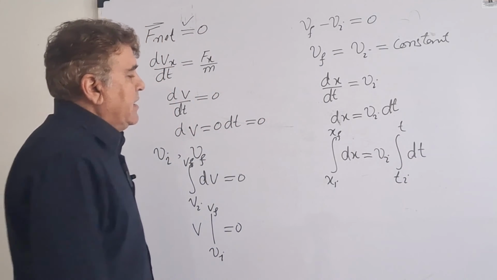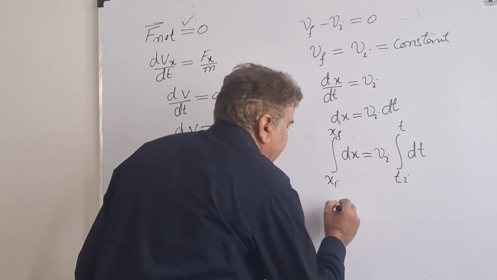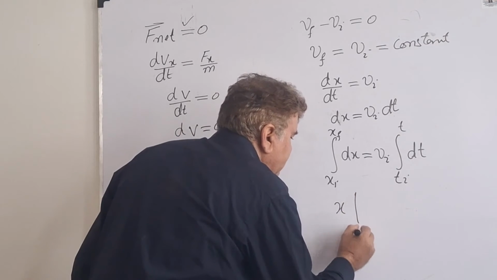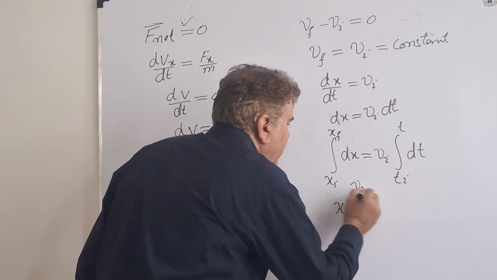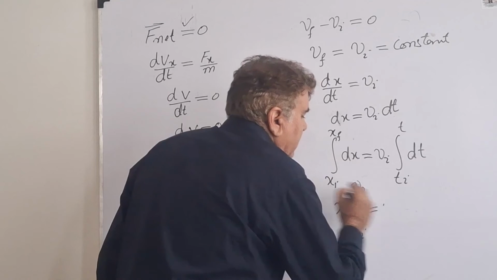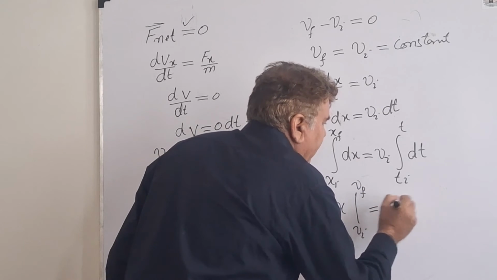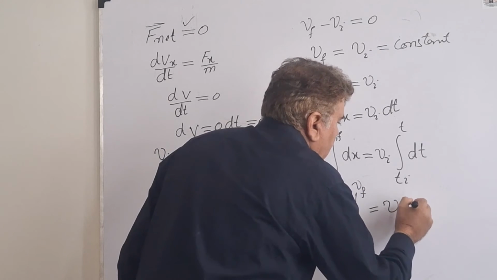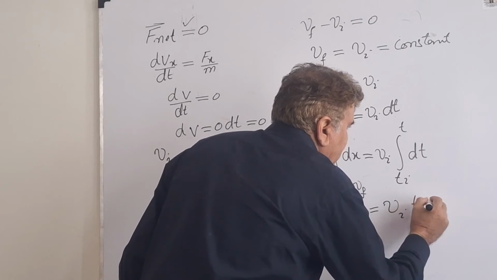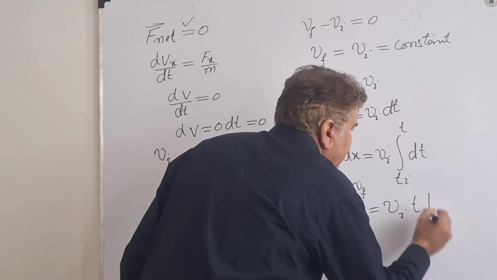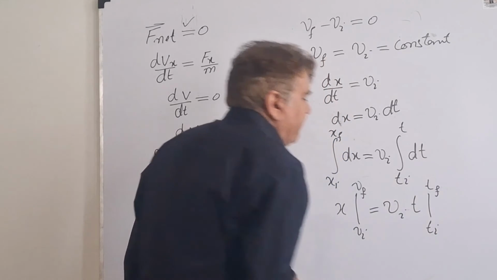This is very easy. The result of this side is x with limits xi to xf, equals Vi times t with limits ti to tf.